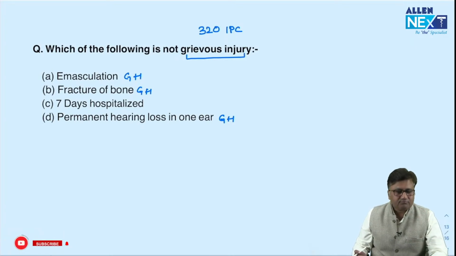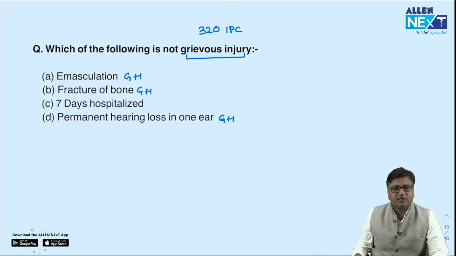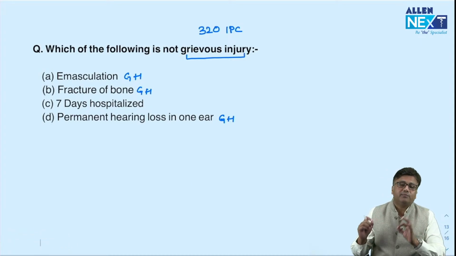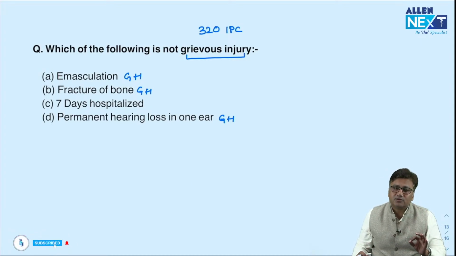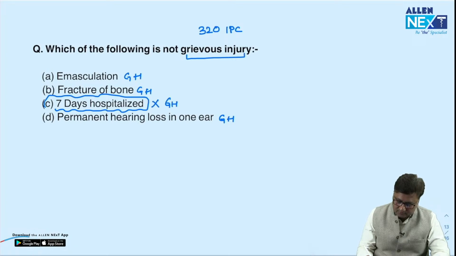But you can see that the choice is 7 days, and section 320 IPC says that if a person is not able to perform ordinary daily pursuits for a period of 20 days or more, then it becomes grievous. Here it is only 7 days, so automatically this is not grievous hurt.